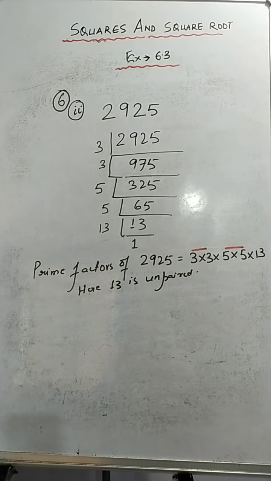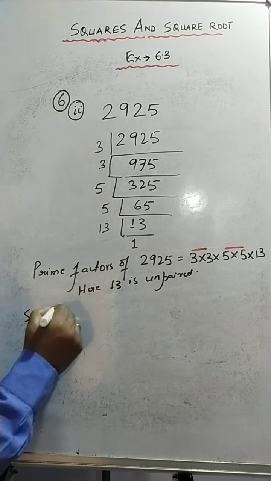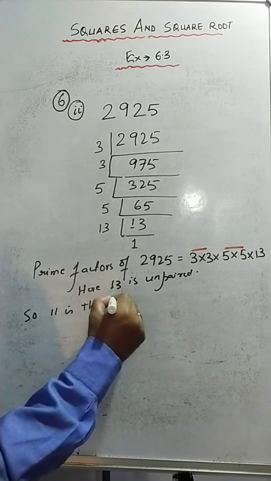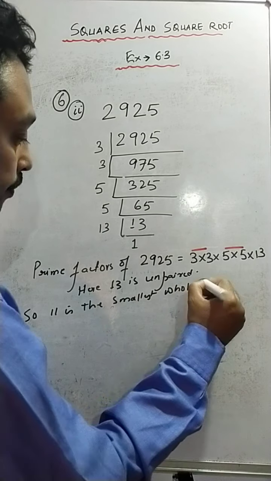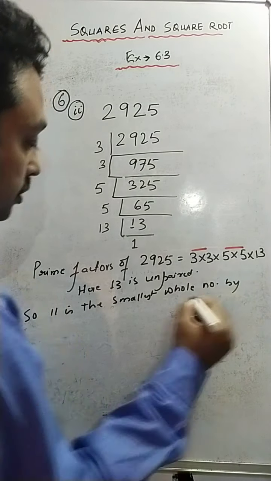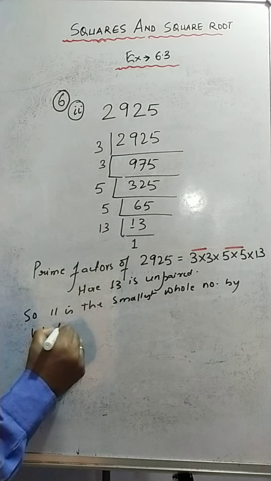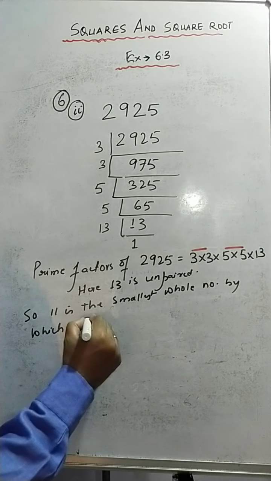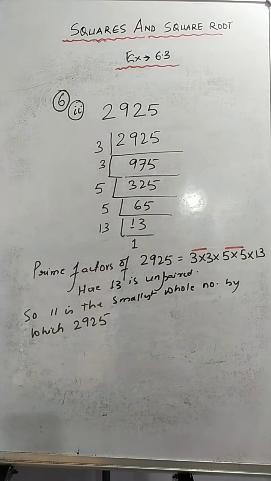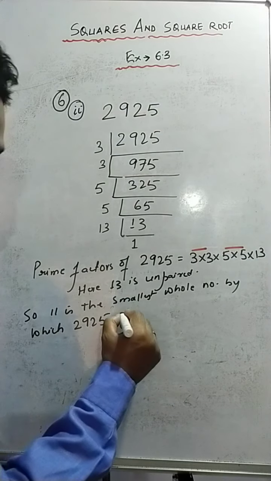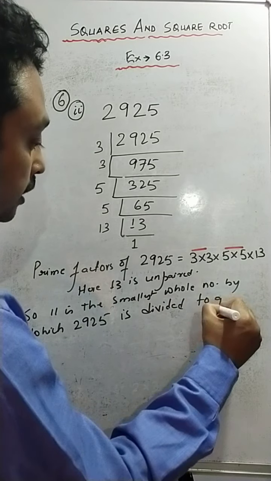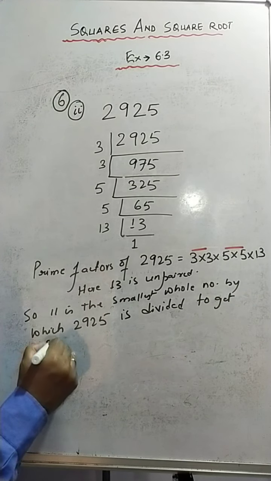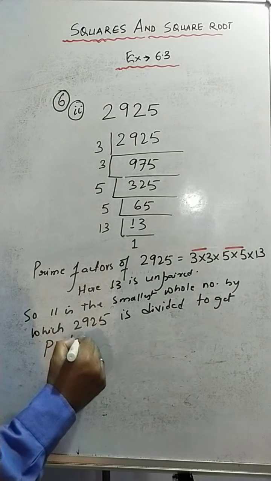We write, 11 is the smallest whole number by which 2925 is divided to get a perfect square. So this language you have to write.